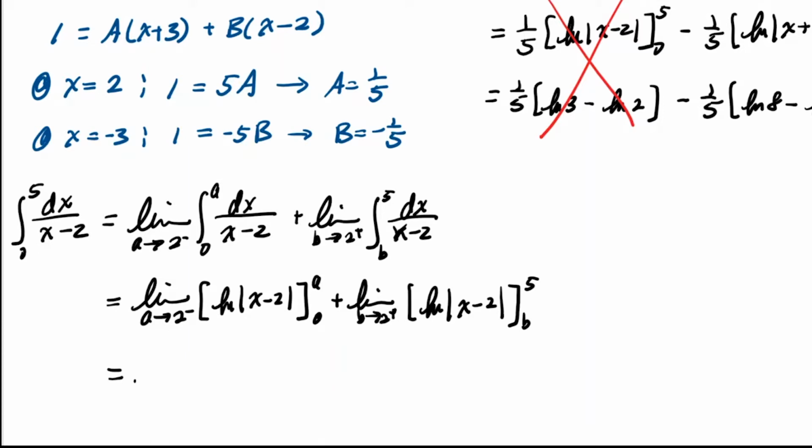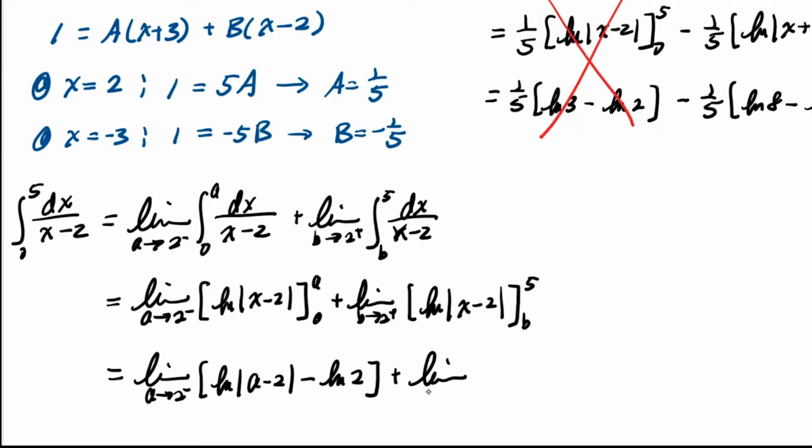We substitute, so we have the limit of a approaching 2 from the left-hand side, ln of a minus 2, and then we substitute 0, so we have ln 2, plus the limit of b approaching 2 from the right-hand side, substitute 5, so we have ln 3 minus ln of b minus 2. Y'all with me so far? Good. If you have a question, now would be a really good time.